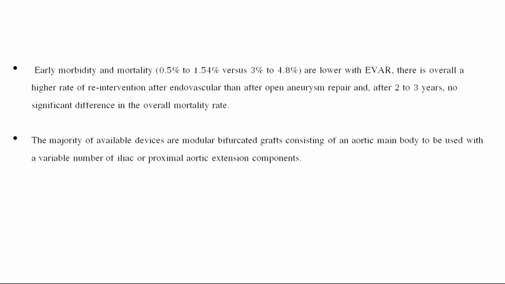So the majority of available devices are modular bifurcated grafts consisting of an aortic main body to be used with a variable number of iliac and or proximal aortic extension components.